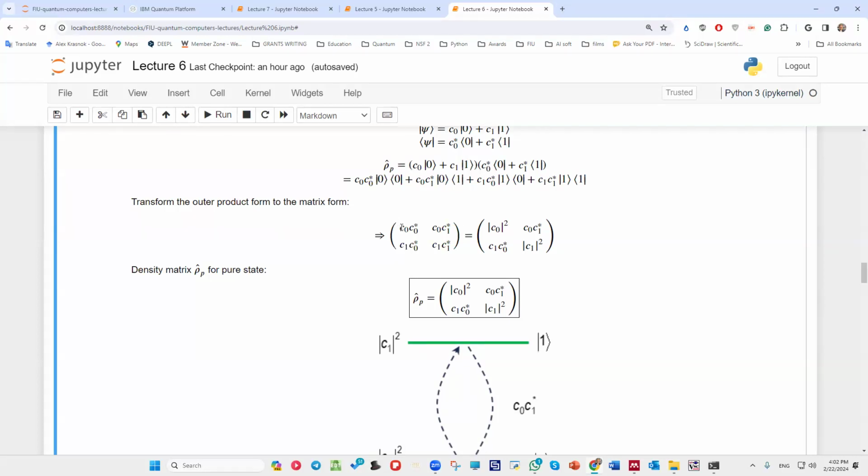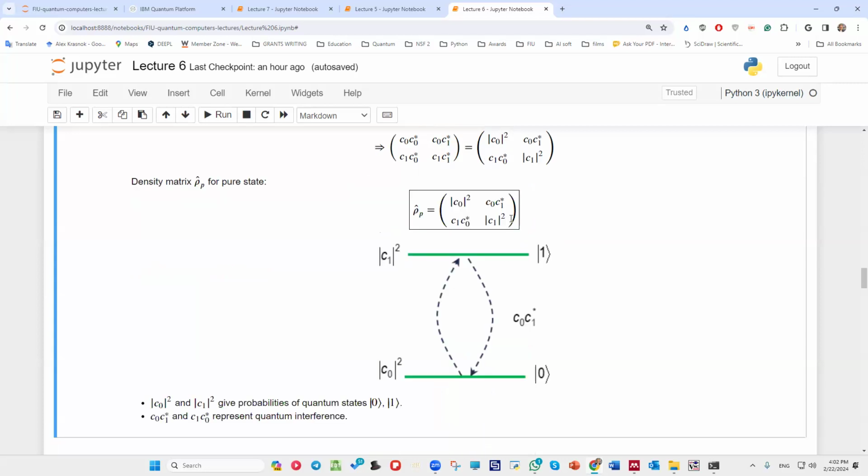And recalling that these two quantities are the absolute values squared of the complex values C0 and C1, we get this matrix. This matrix is the density operator of a qubit in a pure state.